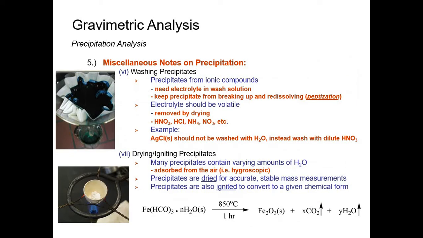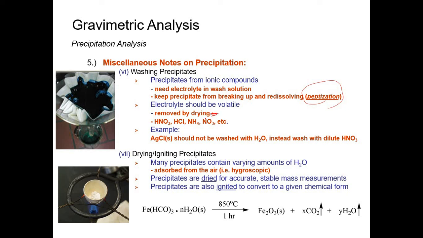Okay? In washing precipitates, so precipitates from ionic compounds, they need electrolyte in the wash solution and they will keep the precipitate from breaking up and redissolving. This is what you call the peptization process. And then electrolytes should be volatile, so they could be removed by drying.